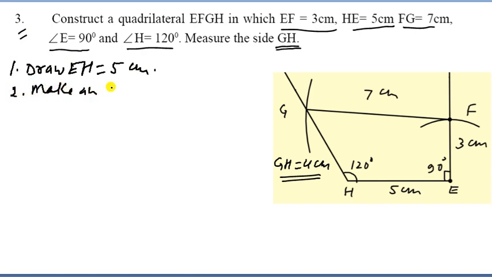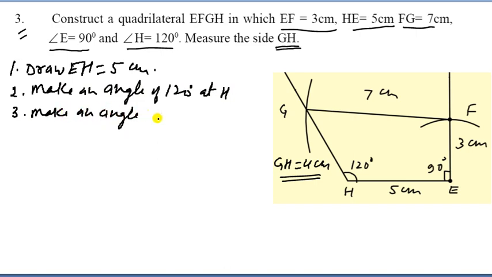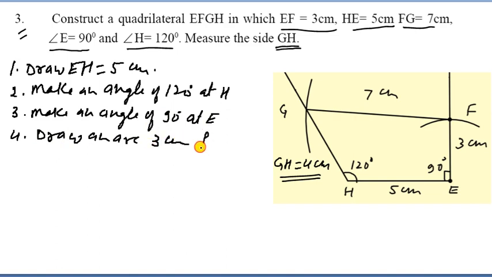Second, make an angle of 120 degrees at H. Now third, make an angle of 90 degrees at E. Draw an arc of 3 centimeters from E, which intersects at F.